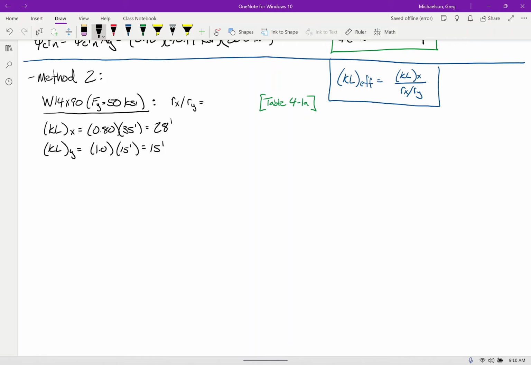So, can anybody tell me what page we need to be on? 4-16. Okay. So, Mr. Horton, for a W14 by 90, what is the RX over RY ratio going to be? It's going to be near the bottom.